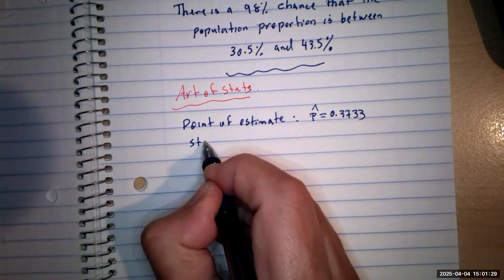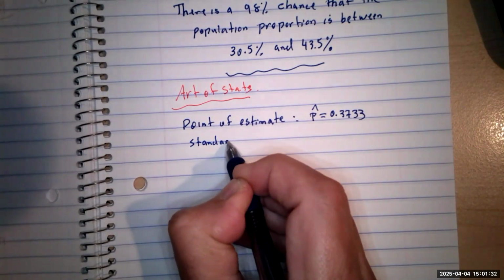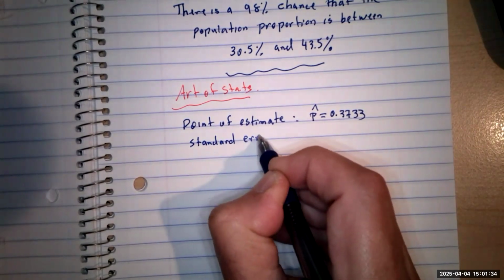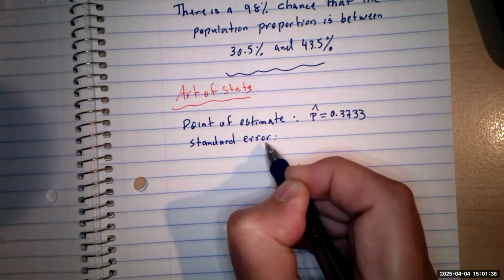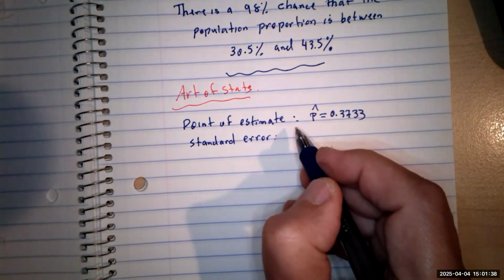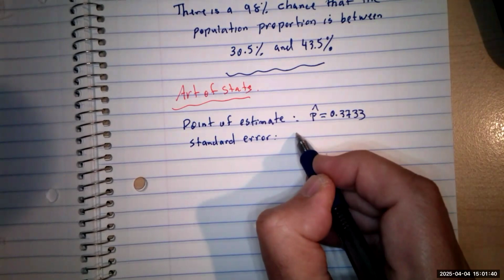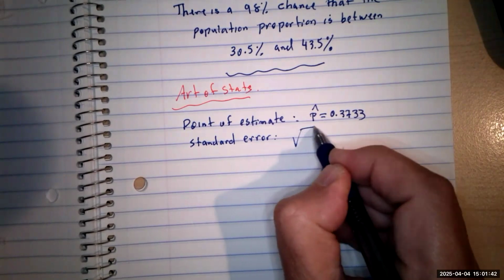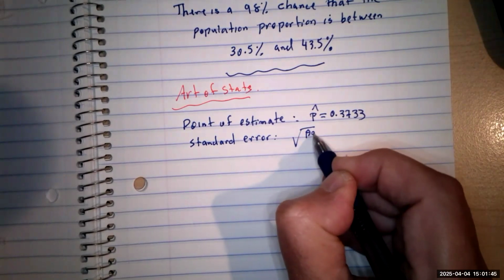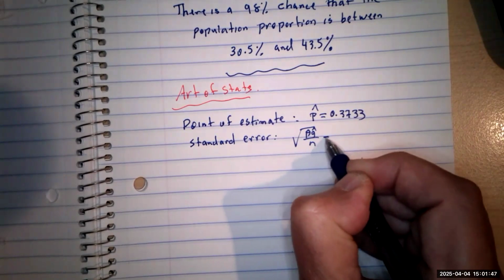You have to give us the standard error, because you have this in your book. The standard error is the square root of p hat q hat over n.